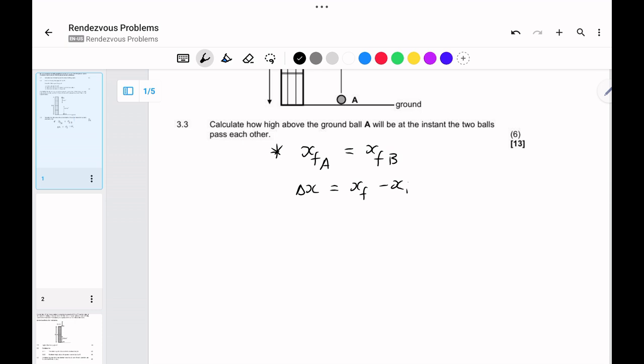In this equation, we're talking about final position, so I should try and isolate the final position here. To isolate the final position, I need to get rid of the initial position term by moving it across to the other side. To do so, I add initial position to both sides.